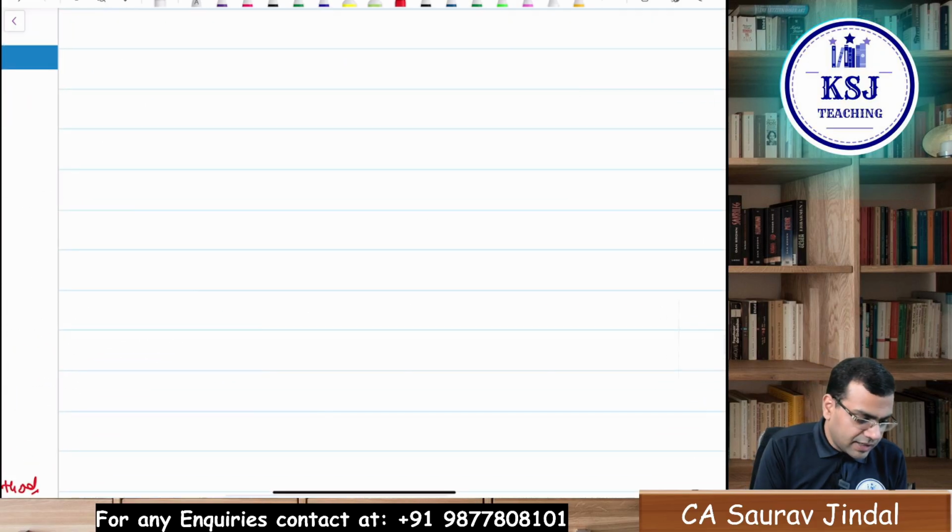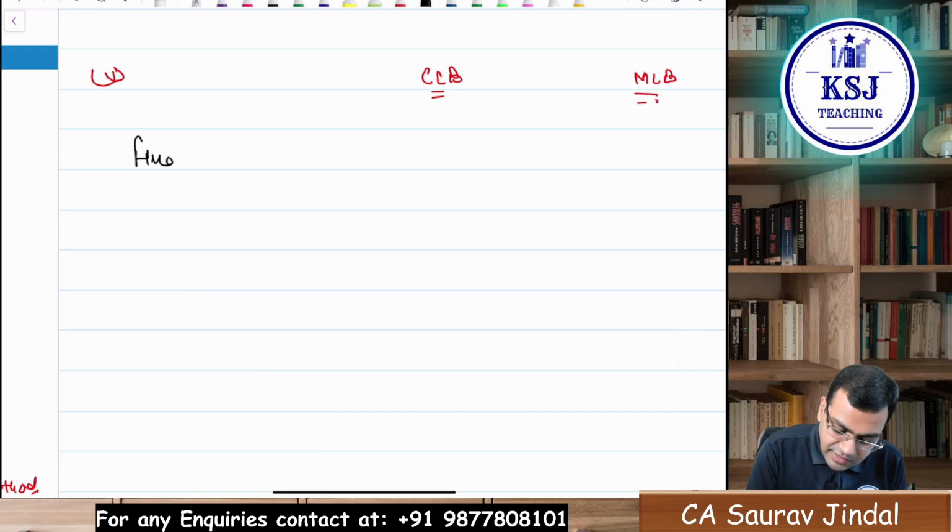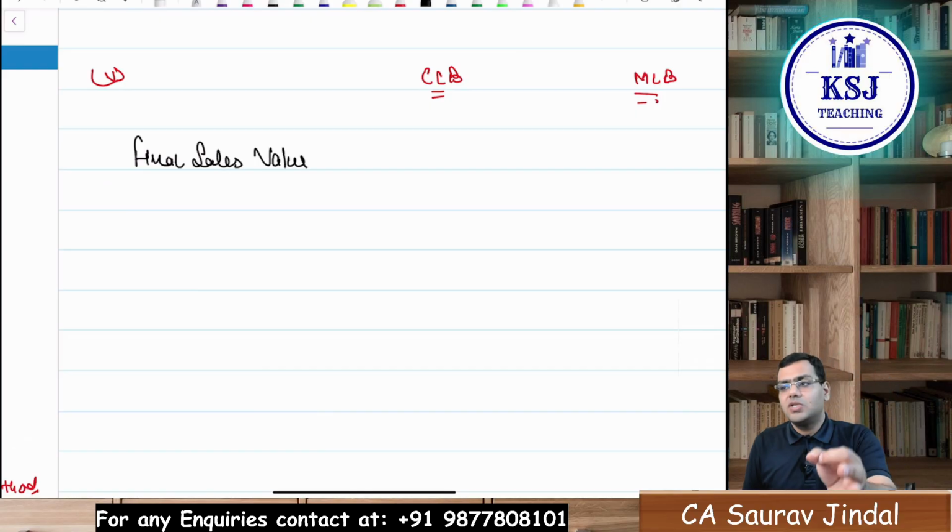So for the fifth part, the reverse cost method, for CLB, chocolate liquor base, and MLB, milk liquor base, right? What do you have? You have the final sales value, because we have to do it using NRV. In NRV, we have to always use the final sales value.